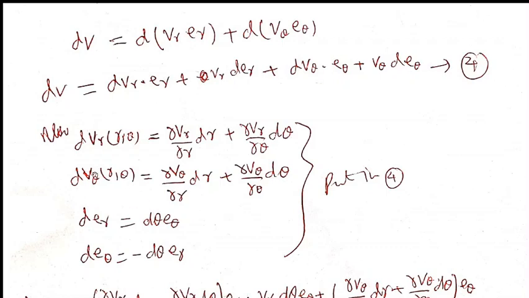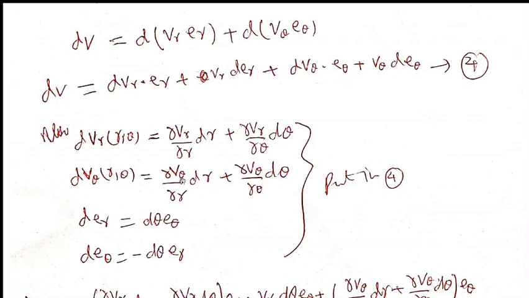Similarly d V theta(r, theta) equals partial V theta partial r dr plus partial V theta partial theta d theta. And we know that the differential of Er is d theta E theta, the differential of E theta is minus d theta Er.